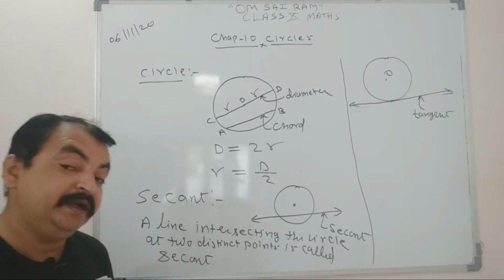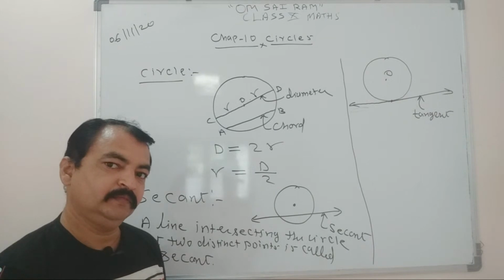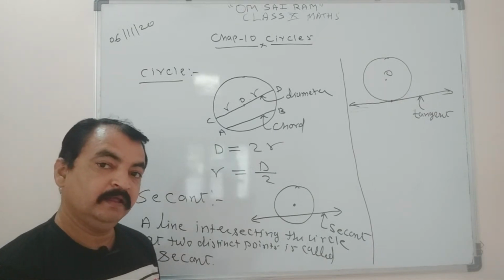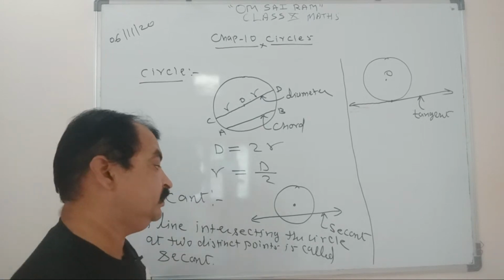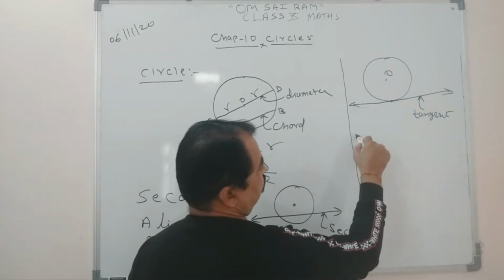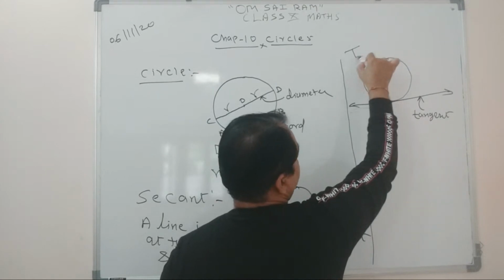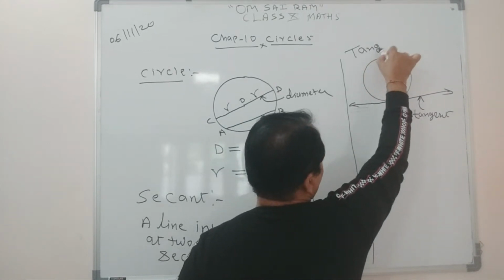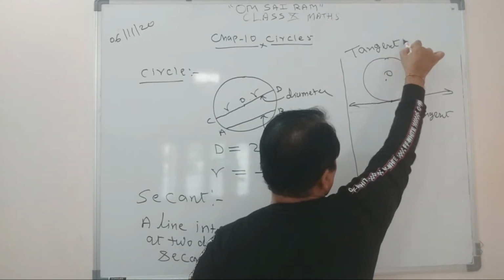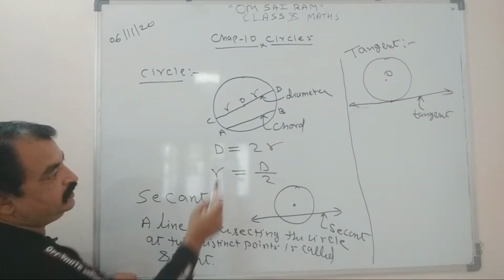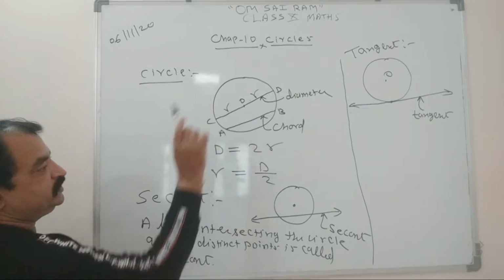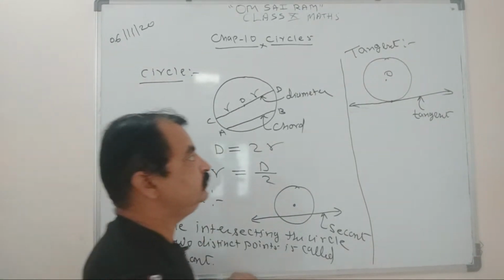So how can we define the tangent, children? A line intersecting the circle at a single point. This is the explanation for tangent. Okay, so I'll put the heading tangent, and of course this is the secant, and this figure is for general information, right, children?